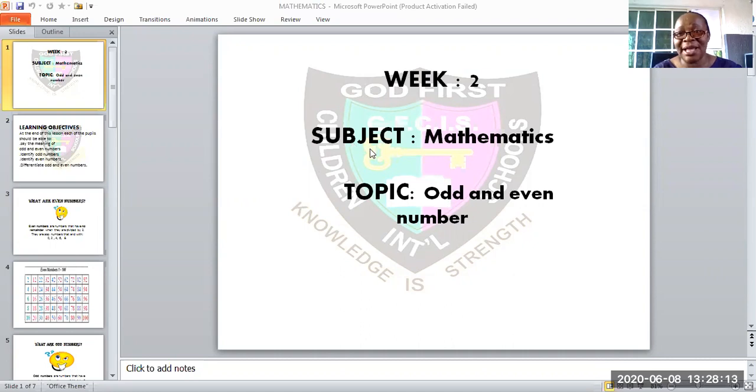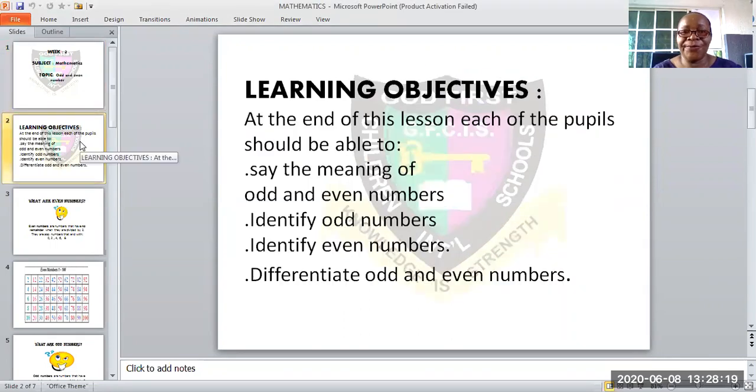Let's quickly go to our slide for better understanding. Let's look at our learning objectives for this topic. At the end of this lesson, you should be able to say the meaning of odd and even numbers.